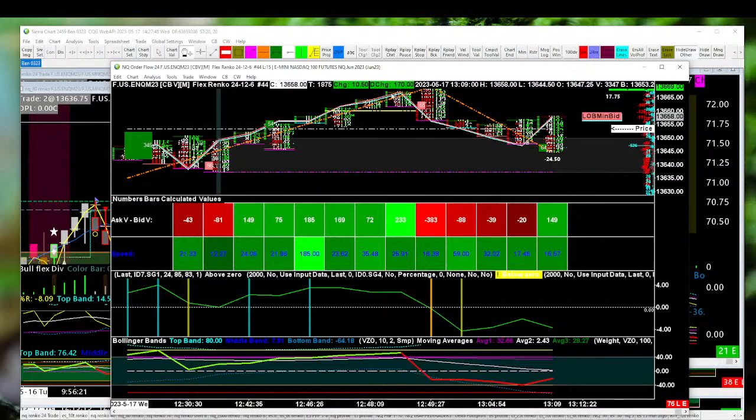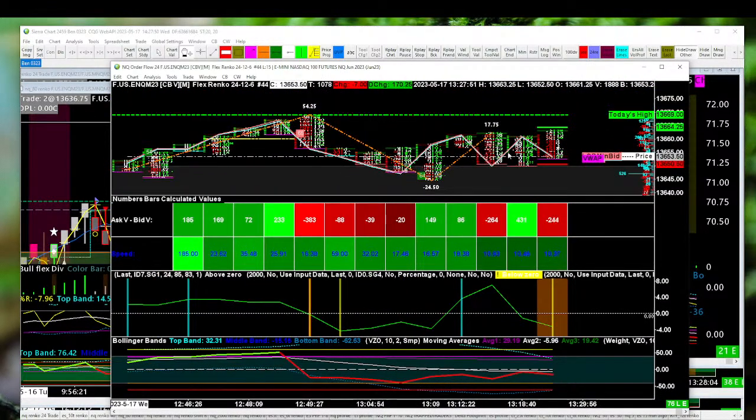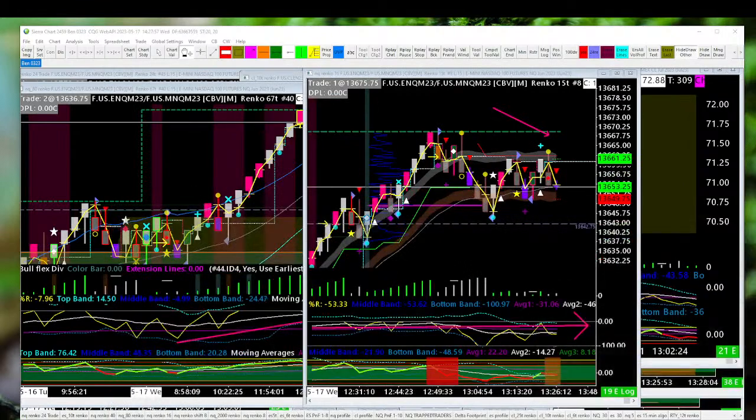When we see this where it pulls back and tries to bounce but doesn't go anywhere, this is what happens during balance. Right now we should be expecting balance, and that makes sense because we've been going straight up for 2 hours.